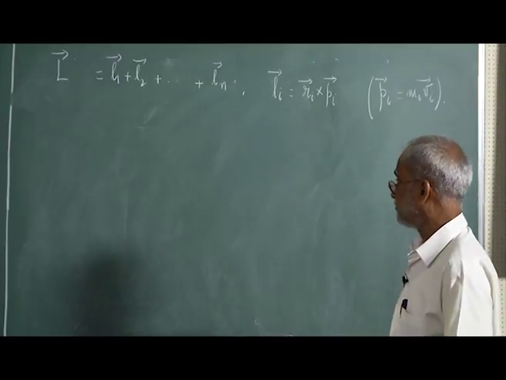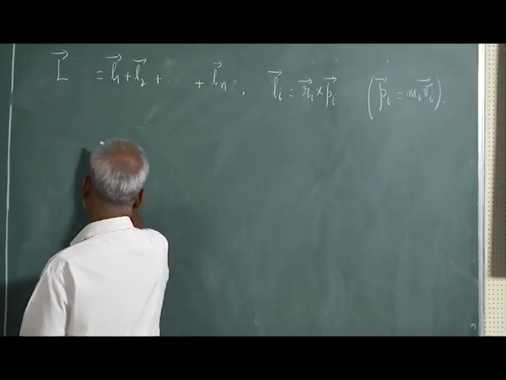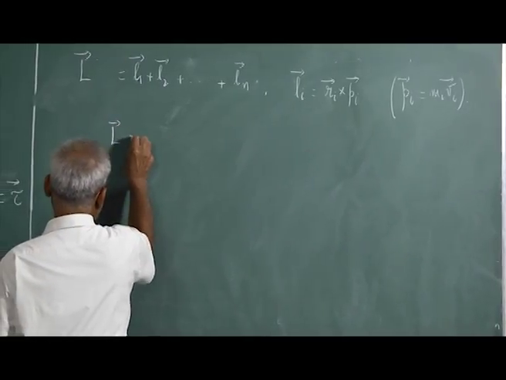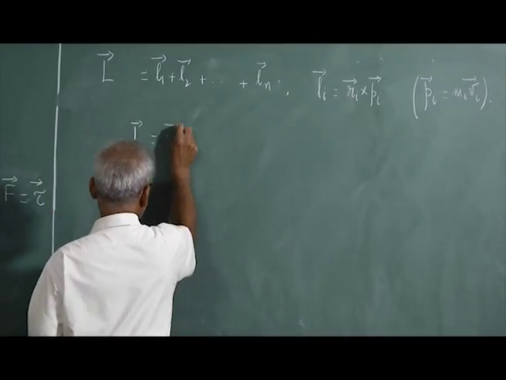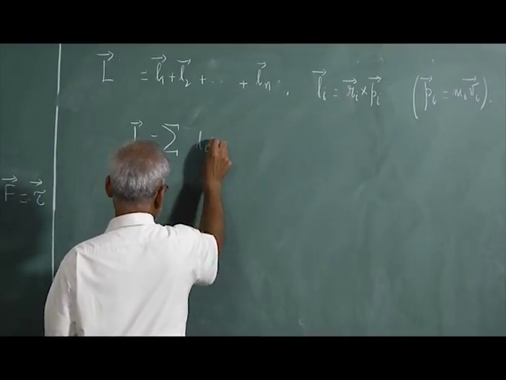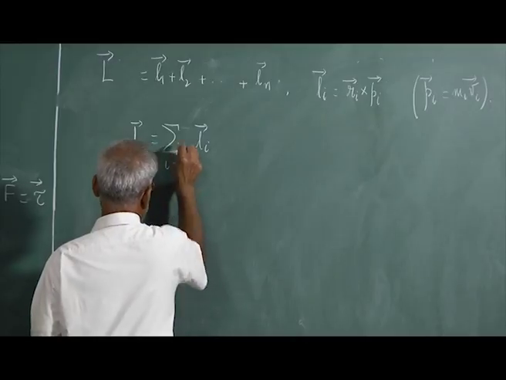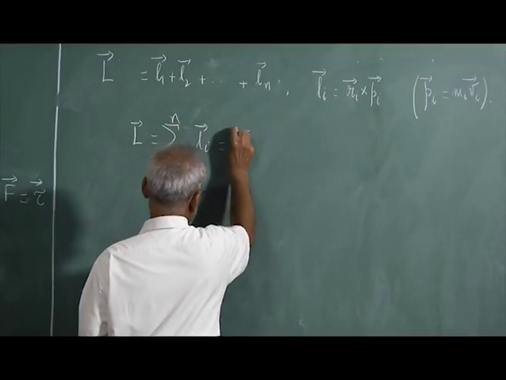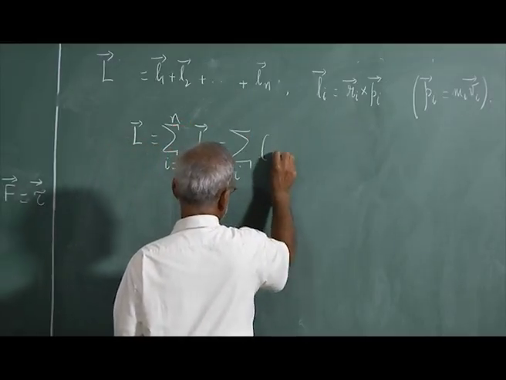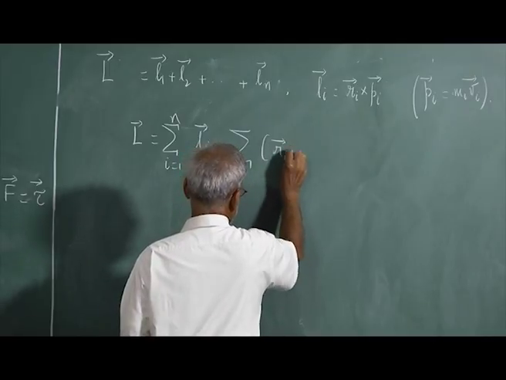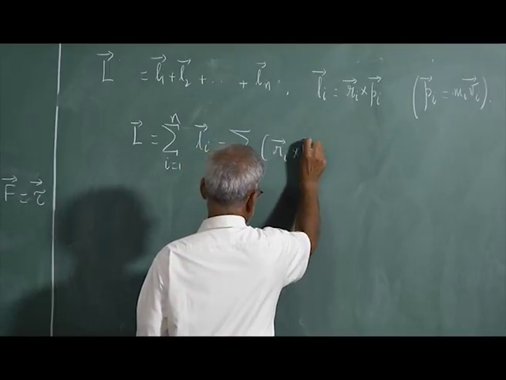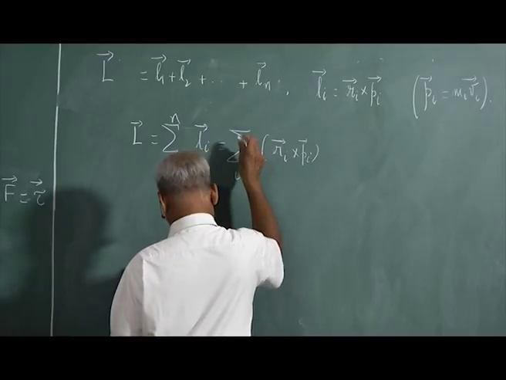So the total angular momentum, with i running from 1 to n, you can also write as the sum of ri cross pi, i running from 1 to n.